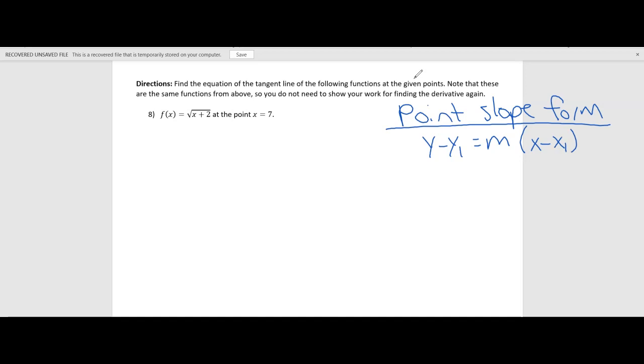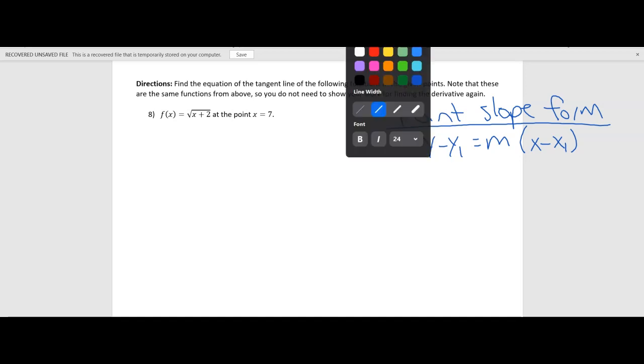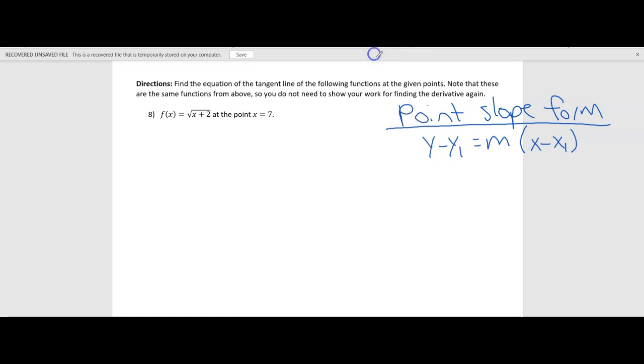So we don't have to substitute in for x and y, but we do need to substitute in for x1, y1, and the slope. And again, we're hammering home this relationship that the slope is the value, because we're talking about the slope of a tangent line, right? So this is the value of the derivative at x equals x1, right?